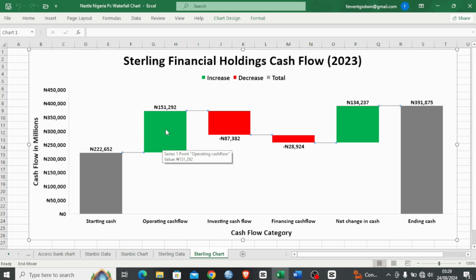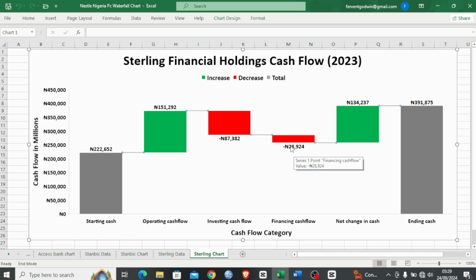And their financing cash flow. This financing cash flow now, there's not so much. It means that maybe they paid out dividends and all of that. And then lastly, the net change in cash. This can be a result of the influence of inflation and all of those things like that.